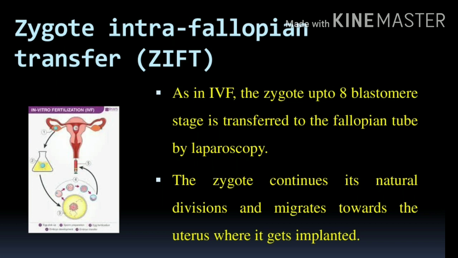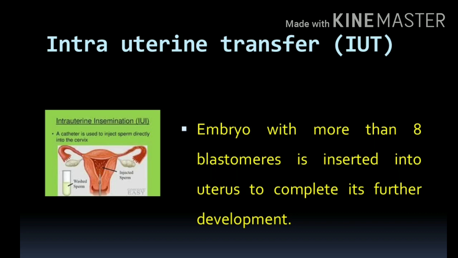After that, the zygote continues its natural divisions and migrates towards the uterus, and it will be implanted into the uterine wall. Can you understand? The next method is IUT, that is intrauterine transfer.